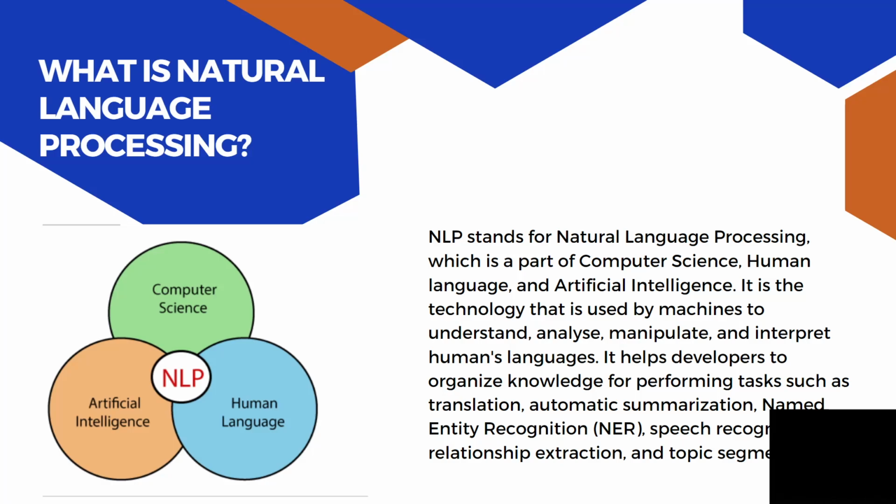Some aspects of NLP include text to text or speech to text conversion, machine translation from one language to another, and many things. It is a part of human language, computer science, and artificial intelligence.